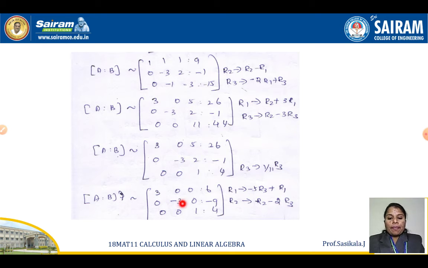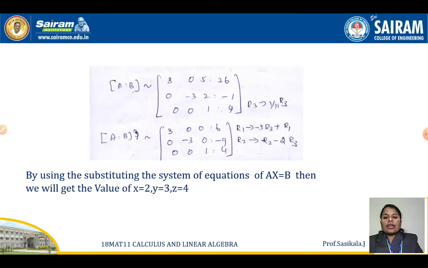You can get a diagonal matrix like that: 0, 3, 0, 0, 6, 0, minus 3, 0, minus 9, 0, 0, 1, 4. Now, you can see the augmented matrix, how we have got it. Okay. So once you reach this diagonal matrix, the repeated steps we have written here. So you can see the diagonal matrix.